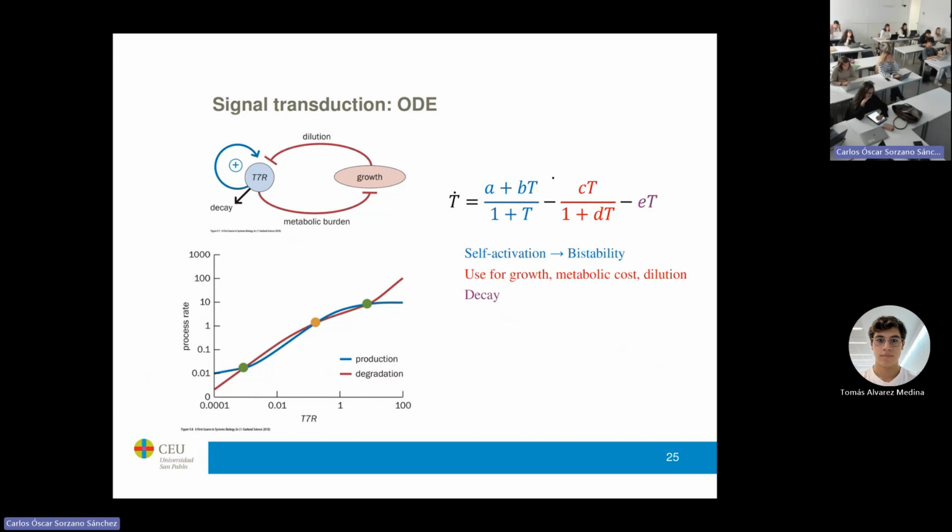We look at this particular molecule, this T. So this T will behave like this. The change of T: you are creating it, and then you are using it for something else, and then you are also destroying T. You have some elimination mechanism of T.